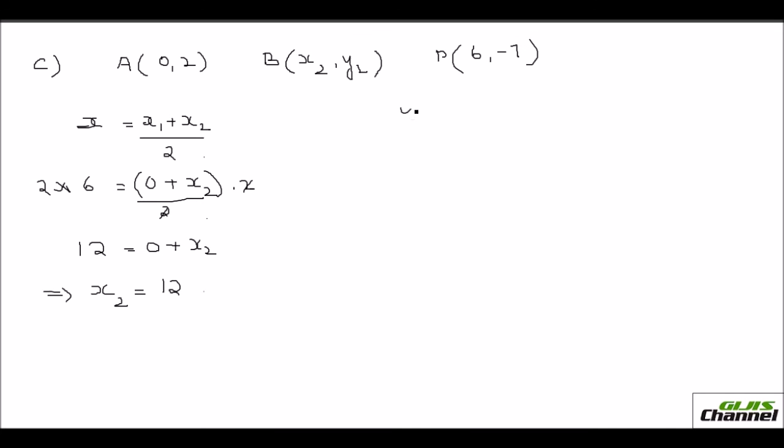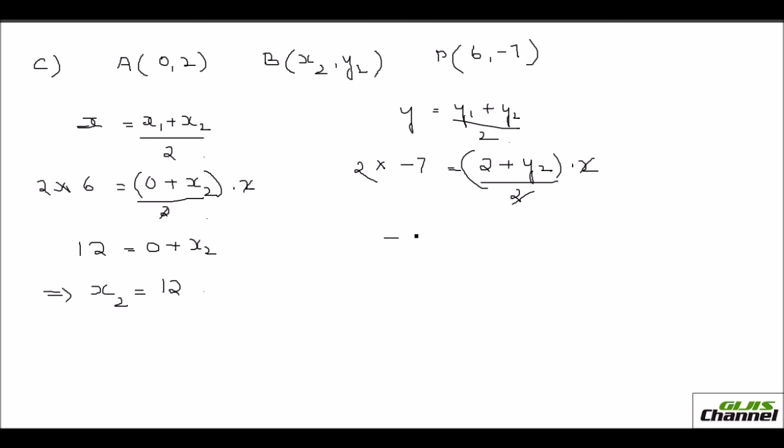Likewise, find the y. So y equals y1 plus y2 over 2, right? So the y value here is negative 7 equals y1, which is given as 2, plus y2, which is what you need to find out, divided by 2. So multiply both sides by 2 to get rid of the denominator 2.